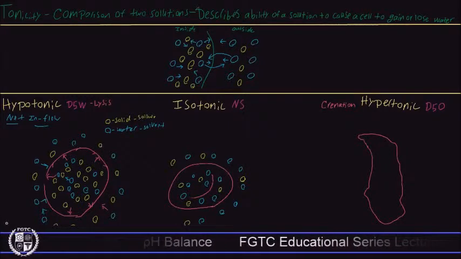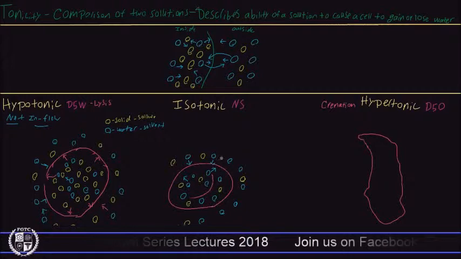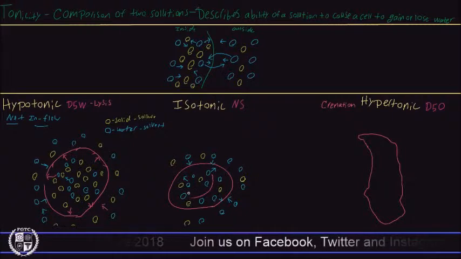Now, in these isotonic solutions, such as normal saline, I have just as high of a chance of a water molecule entering my cell as I do a water molecule leaving my cell. And again, these water molecules are just bouncing around, each moving in their own different direction.